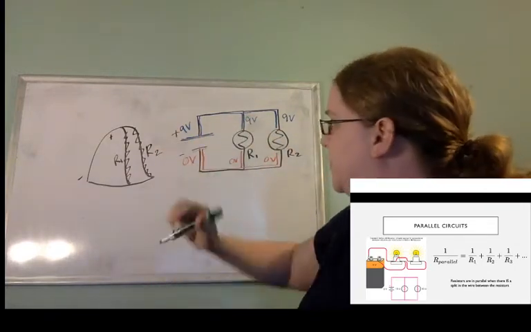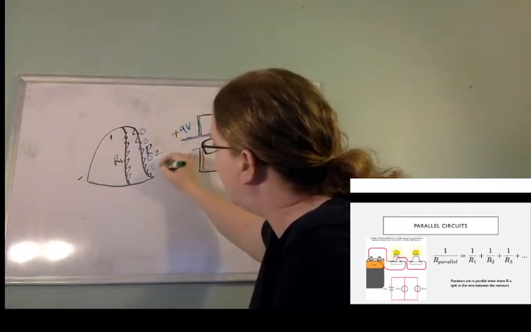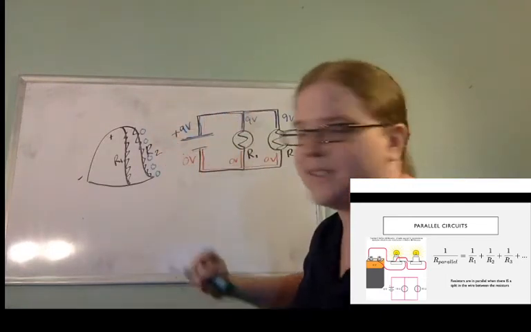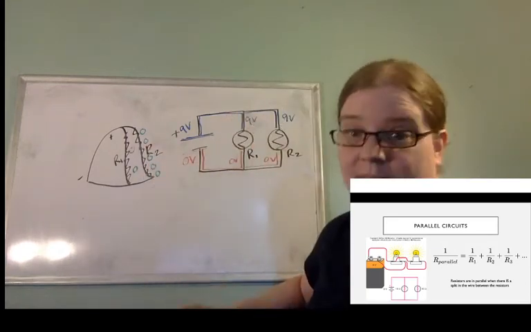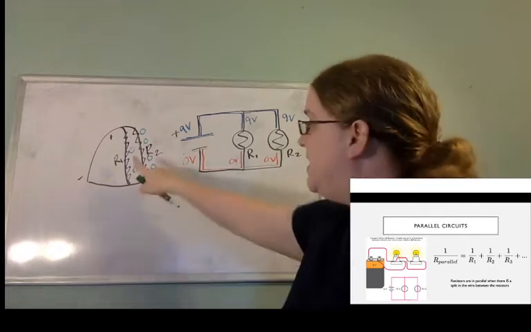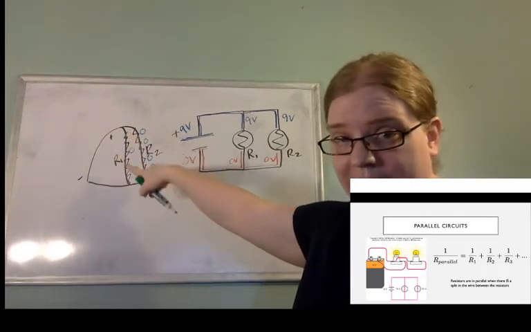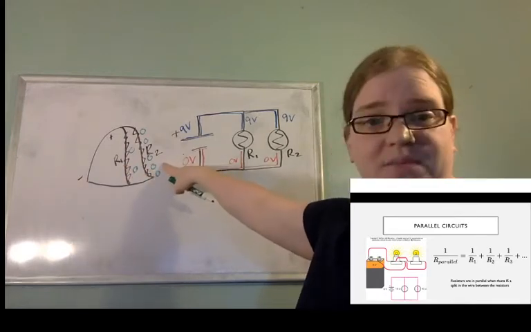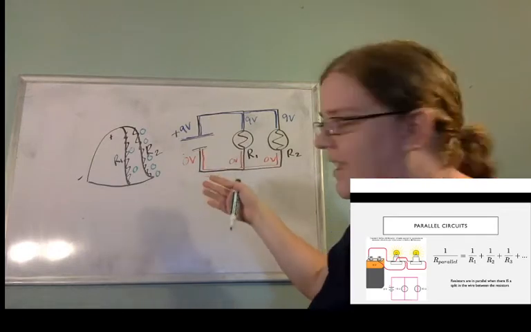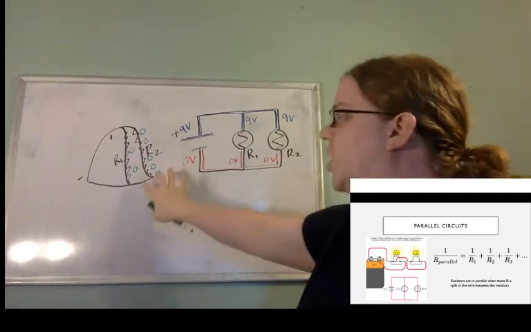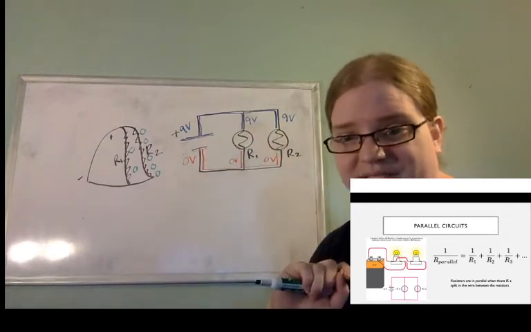So conceivably, you could have a situation where you've got a whole bunch of current that comes down one of these, and then not very much down the other. And that would be allowed, right? Maybe this one has a really big resistance, and it says, don't send current my way. And this one maybe has a really small resistance, and it's like, yeah, sure, I don't mind that much, current can come. And so the current through these can be different, but the potential drop across them is always the same.